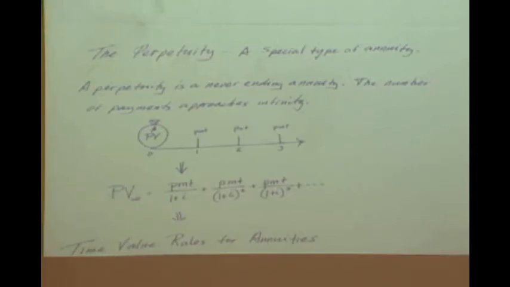The equation is similar to what we had with an annuity. We just don't have an end. We bring the first payment back one period, the second payment back 2 periods, and so on. We consolidate all of the payments one period before the first payment's made.